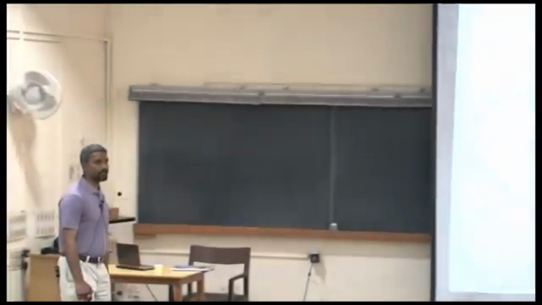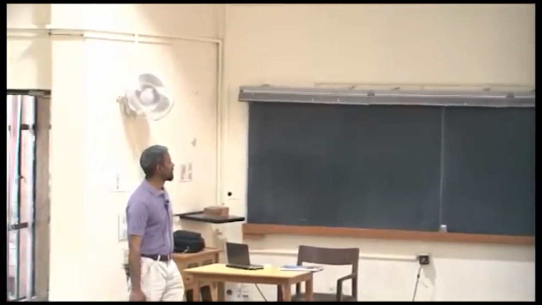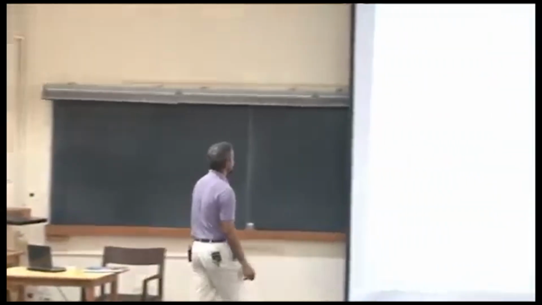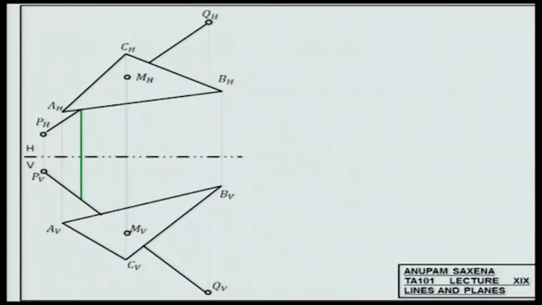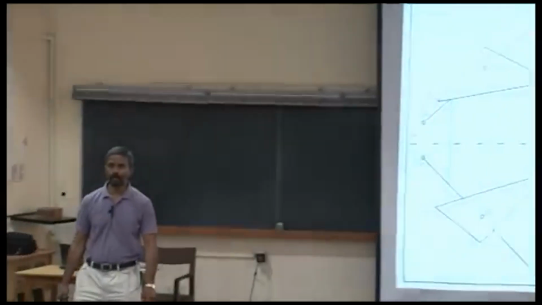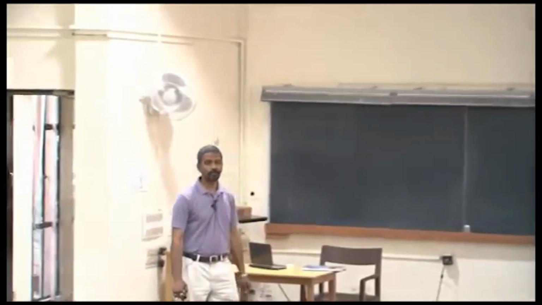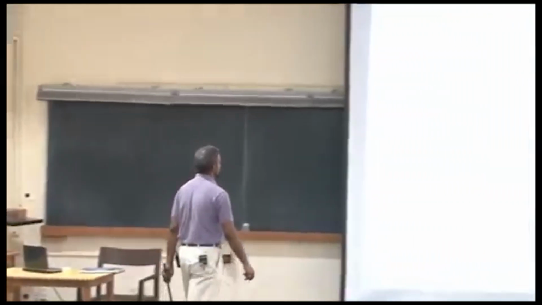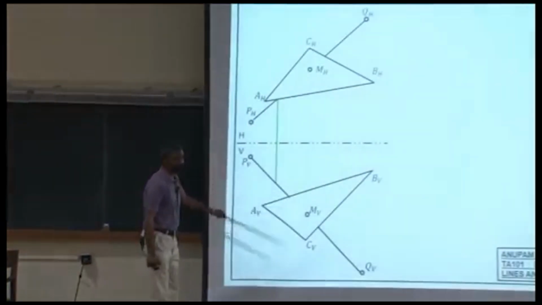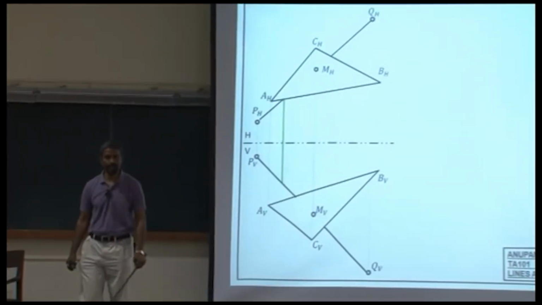What I would do is I would drop a vertical from both these intersection points, like for example this one, I drop a vertical. Now in the frontal plane or in the vertical plane, what do I observe? Where would this projection or which part of this projection hit first? Would it be the line or would it be the plane?